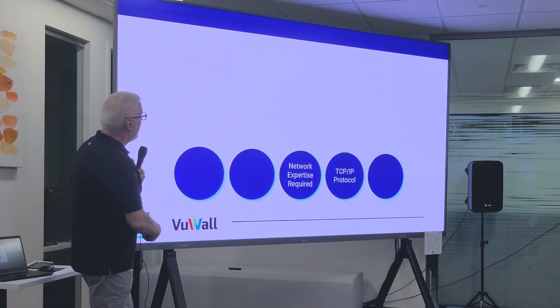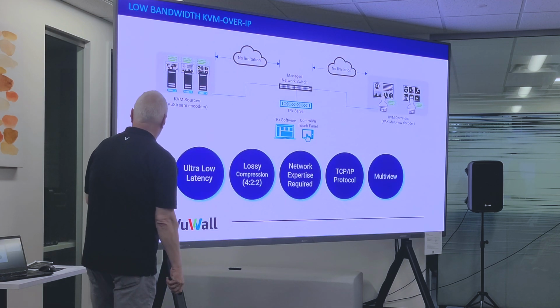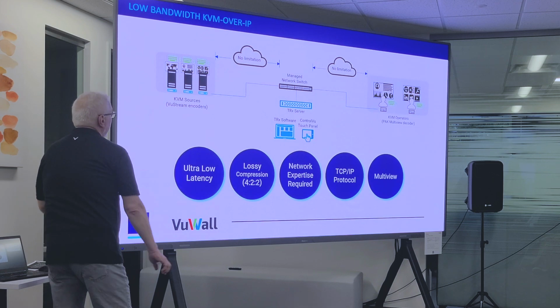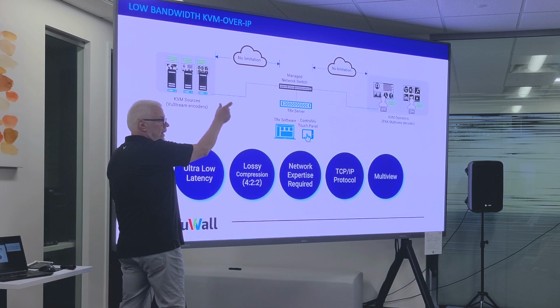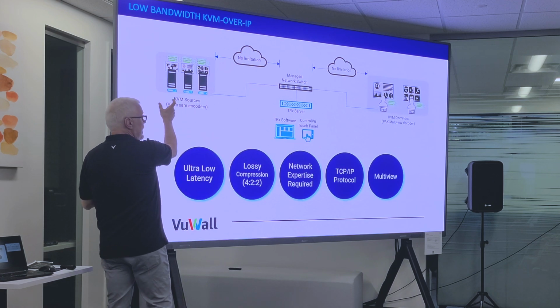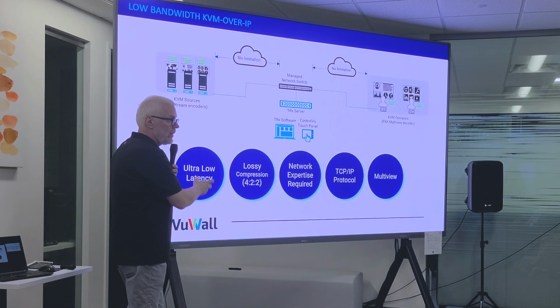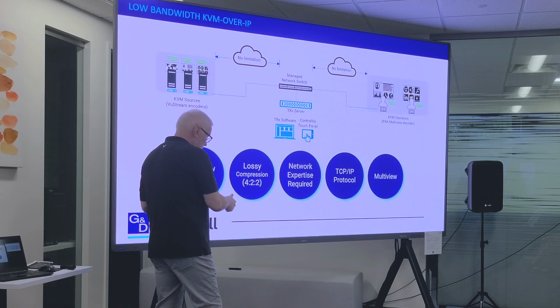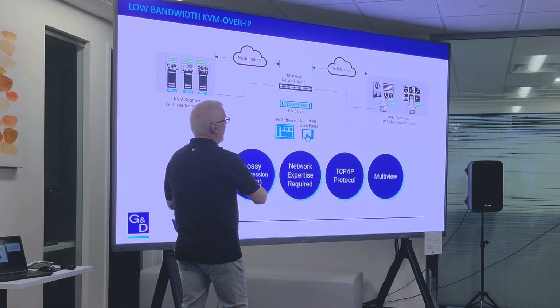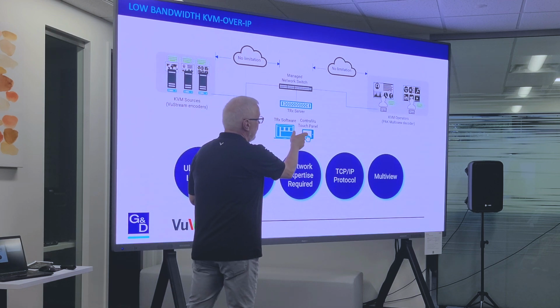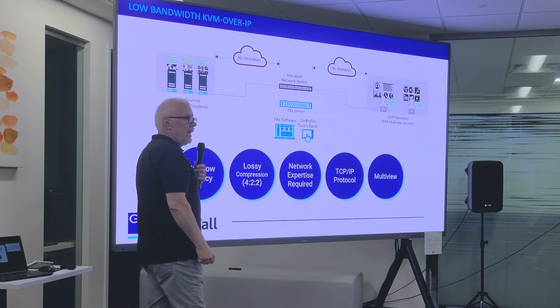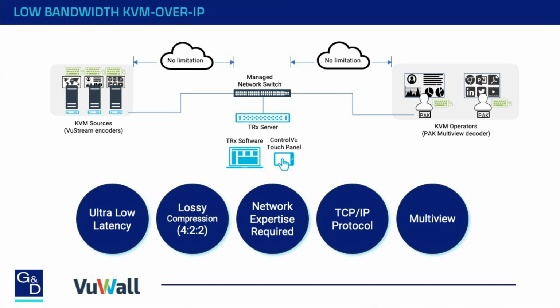And then comes the third type of KVM control, where here we replace the transmitters, so the CPU and the console modules, with KVM encoders that encode the signal from video and keyboard and mouse, and decoder nodes, which in the case of VuWall is called the PAC module. It's a decoder that allows you to decode not only one stream, but multiple KVM sources on the same screen.